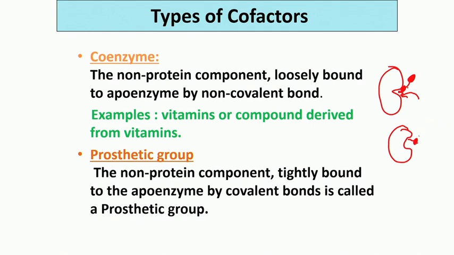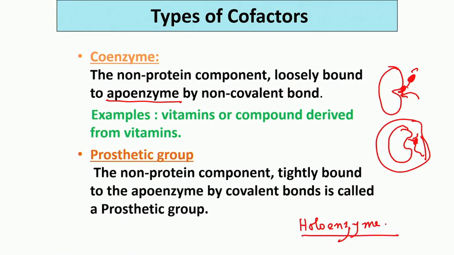Okay. Now, if you can strip this cofactor off, then this enzyme without the cofactor is called apoenzyme, and when this whole thing is there, that means the cofactor is tightly attached to the enzyme, that is what is called the holoenzyme. Okay.